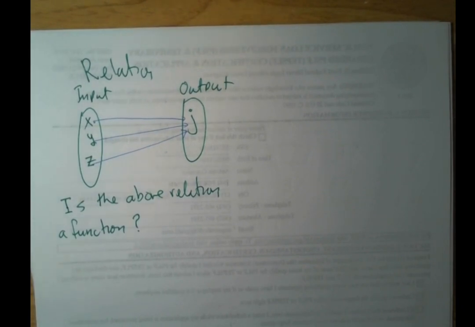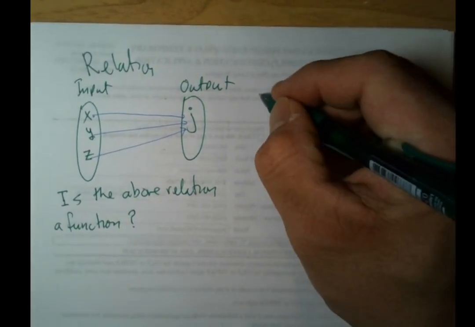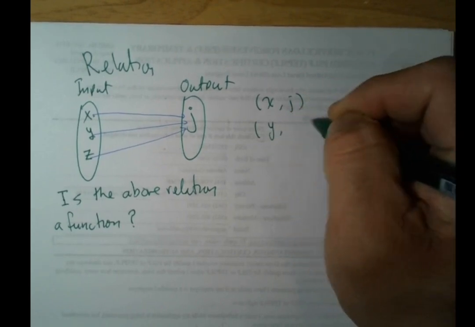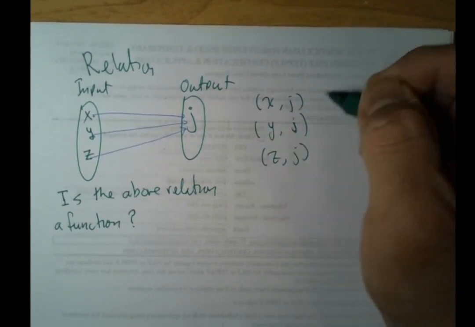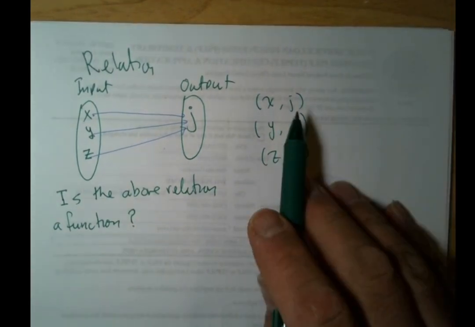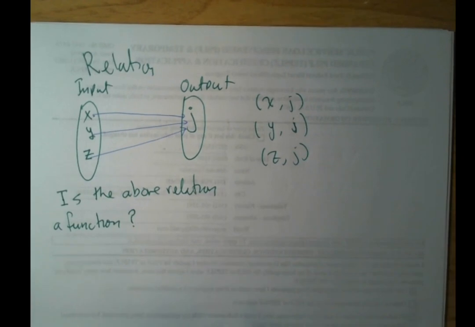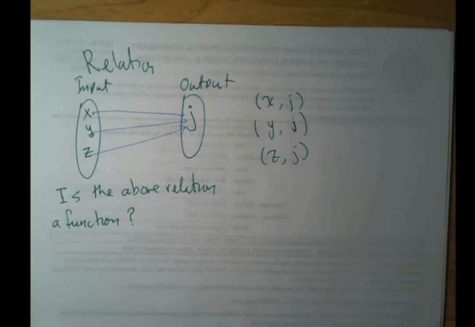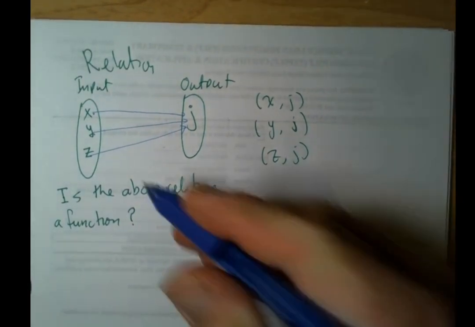It doesn't say that those outputs have to be unique. Remember, the definition of a function doesn't state anything about what that output needs to be, whether unique or not. So looking at this, it does satisfy the definition.